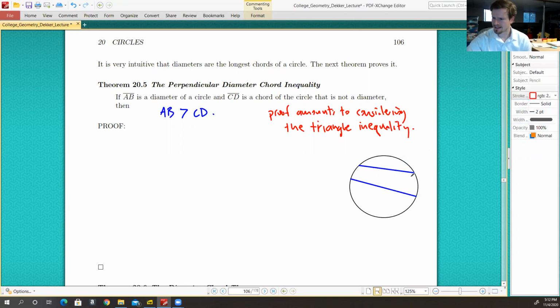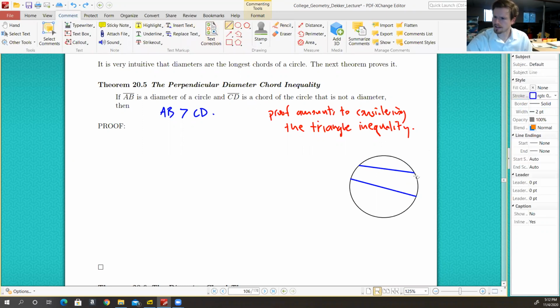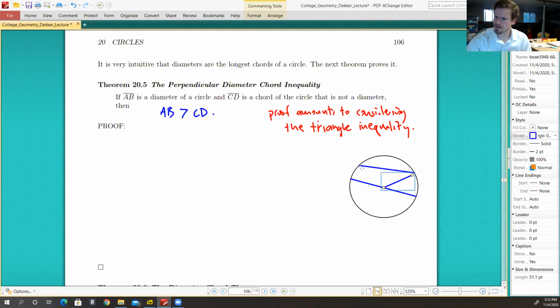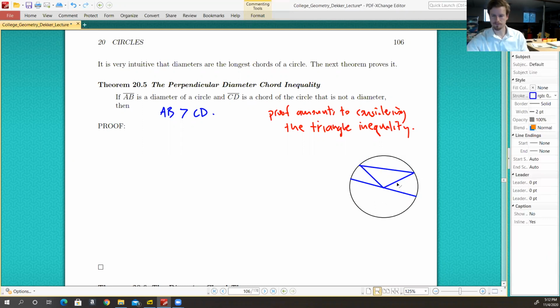And if we were then to take lines from those endpoints to the center of the circle, we have created ourselves a triangle. Now this side of the triangle is a radius. It goes from a point on the circle to the center. Same thing for this.